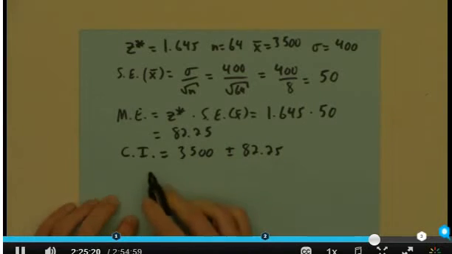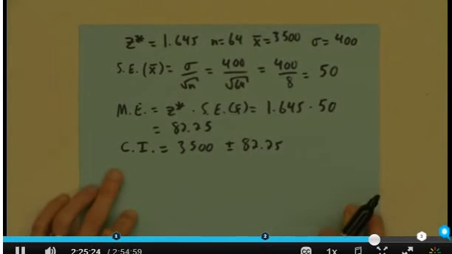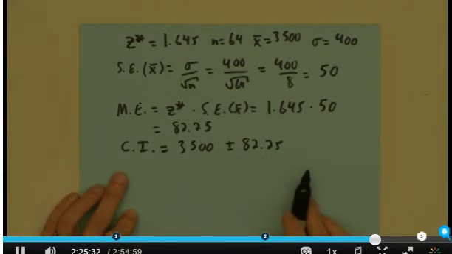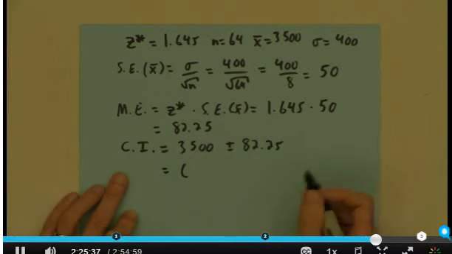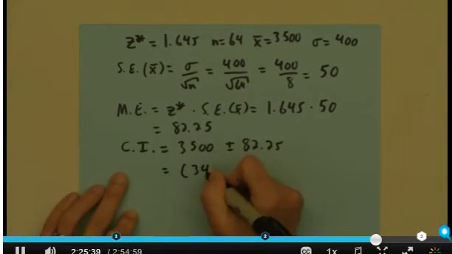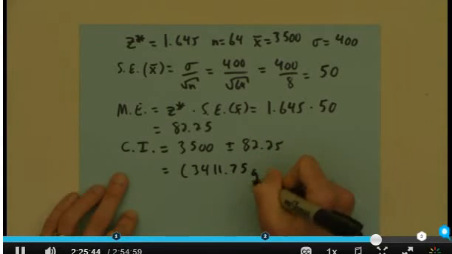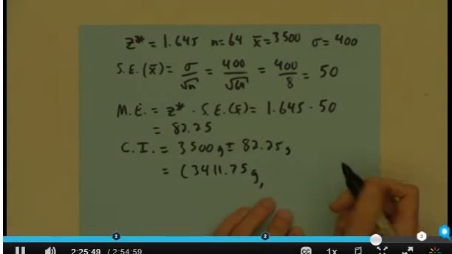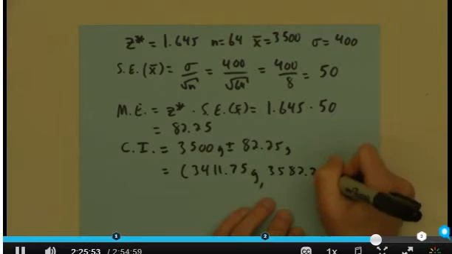So I could say that I am 90% confident that the average baby's birth weight in the U.S. in 2018 is 3,500 grams plus or minus 82.25 grams. Or another way to write that is that it's between 3411.75 grams and 3582.25 grams.